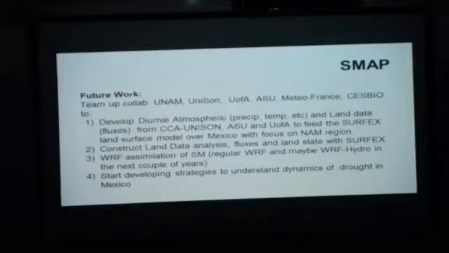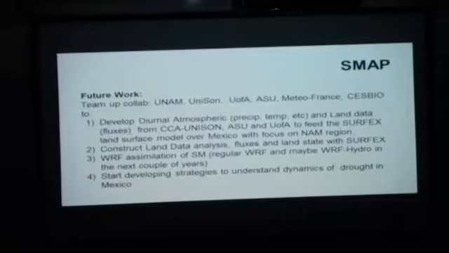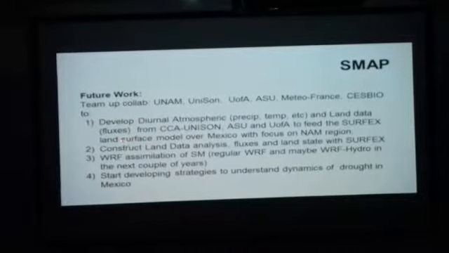What we want to do in the near future is, well, just an invitation of collaboration between our different institutions in order to develop the diurnal atmospheric and land data fluxes from the different sites where we're taking measurements and try to feed them into SURFEX, to improve the land surface model over Mexico in this region, as Enrique mentioned in the last talk.